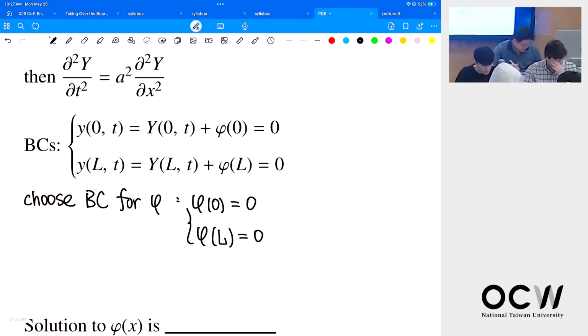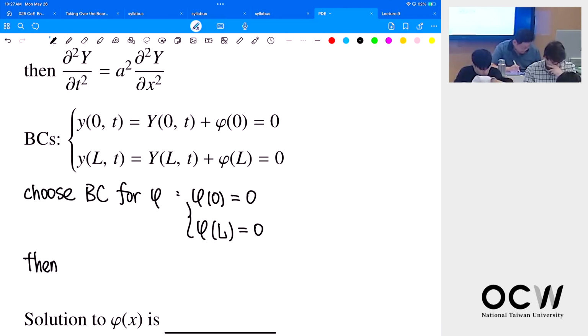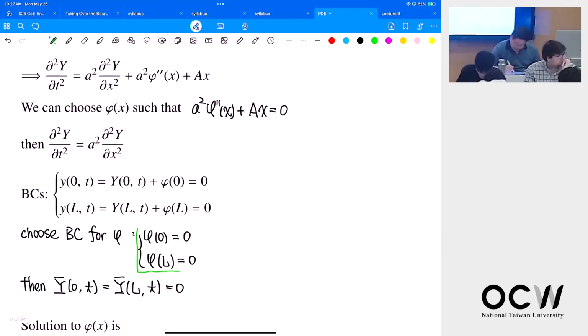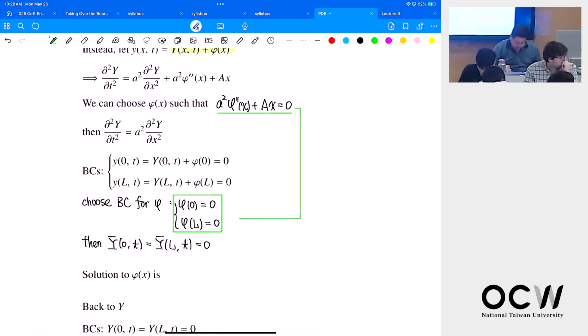In that case, this y at 0,t will be equal to y at L,t. The boundary will be all 0. With these boundary conditions, and also these differential equations, for these two, we can get a solution for phi.